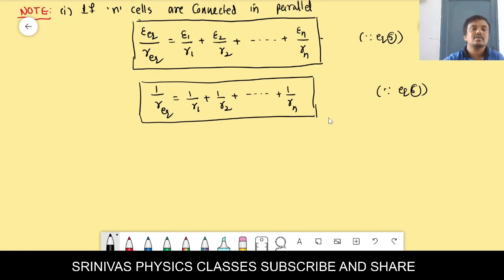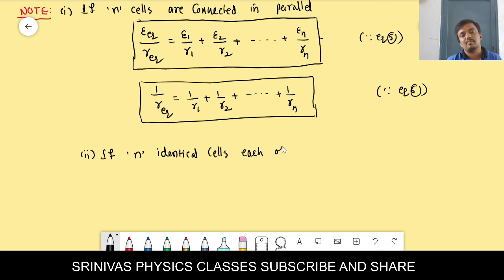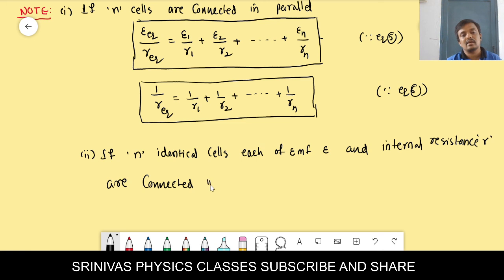Now the second point I am going to write. If n identical cells, each of EMF E and internal resistance small r, are connected in parallel, right?